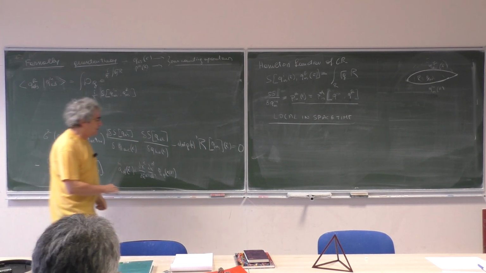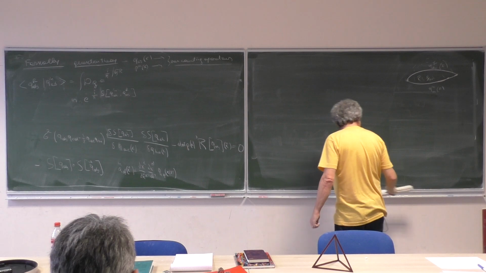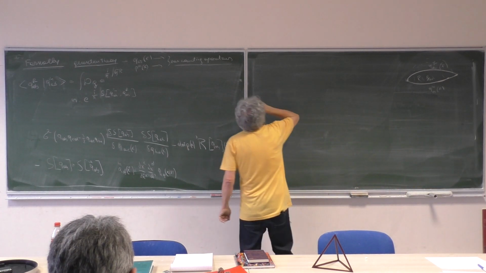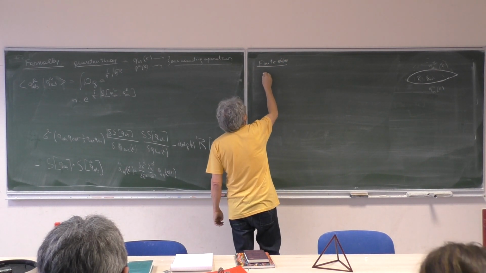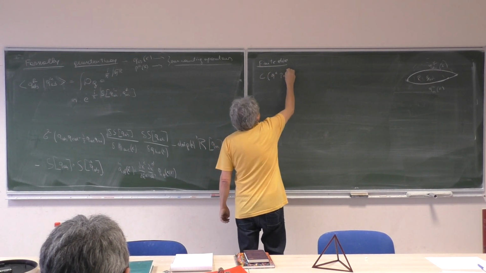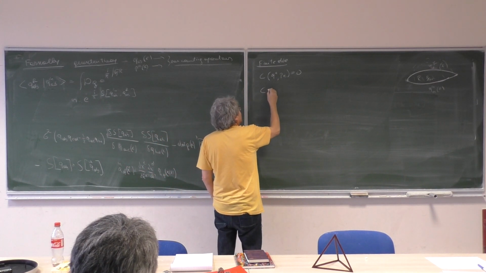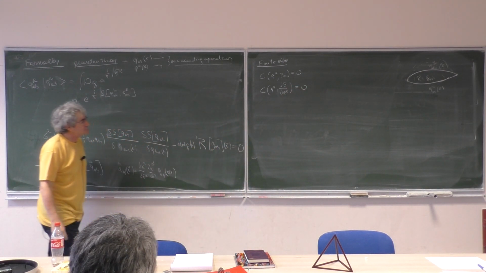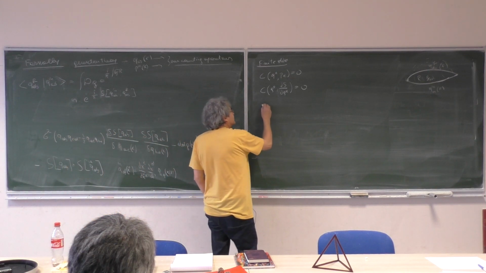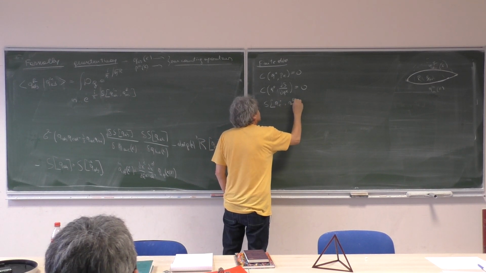So let me say what I mean here. Let's go one moment back to the previous case. Remember that in the finite-dimensional case we had C of q^a, p_a equals 0. We had the Hamilton-Jacobi equation, the Hamilton-Jacobi function, dS over dq^a. And we had the solution, which are q^a initial, q^a final.